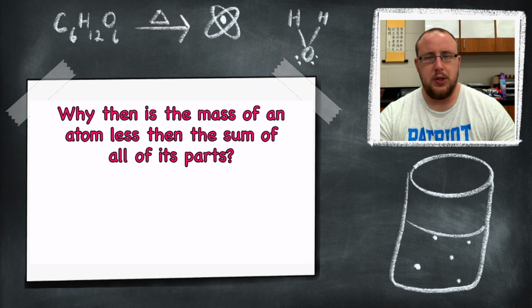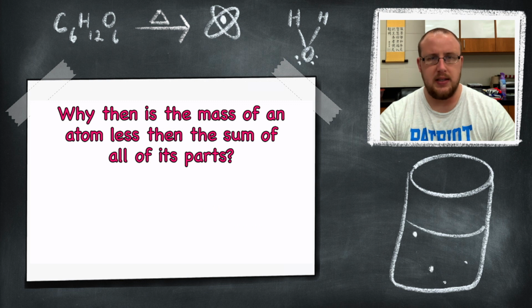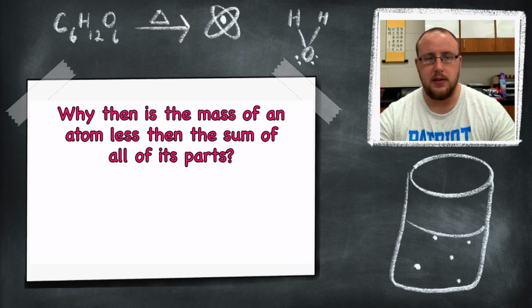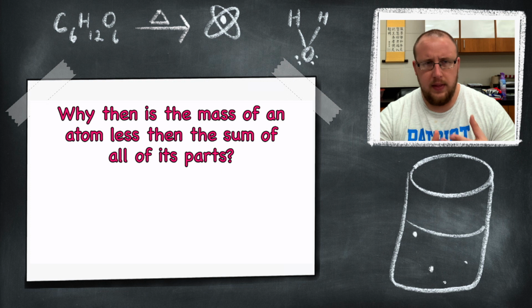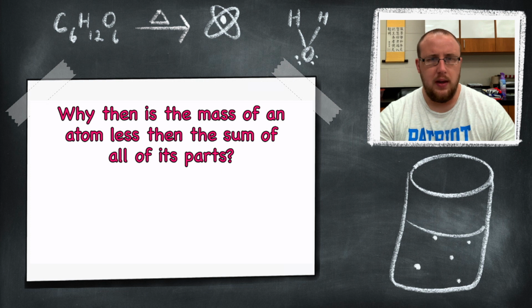So that brings the question, why is the mass of an atom less than the sum of all of its parts? Well, what do you mean, Mr. Kaufman? If mass is conserved, then all the mass in there, all those little subatomic particles coming together, should equal the amount of mass within the total element.